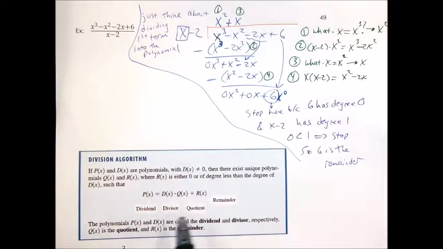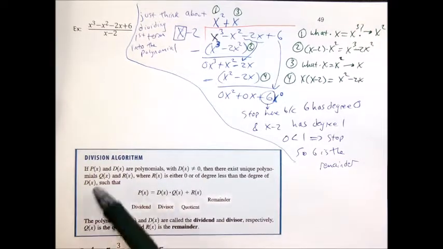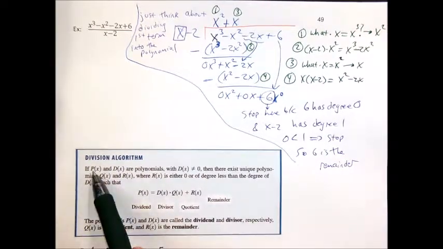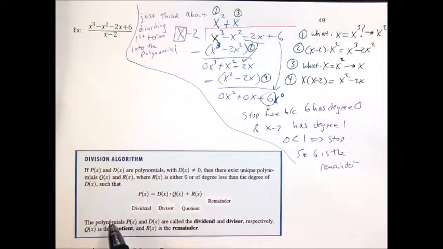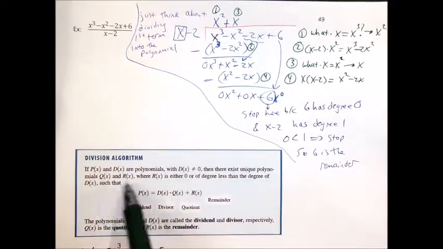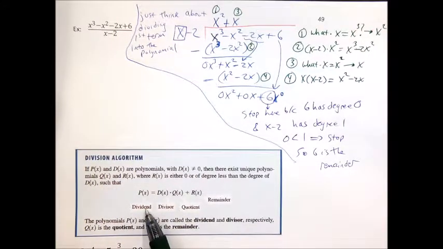So this box down here is helping us figure out how to write the answer down. This says when we have two polynomials, d of x and p of x, then there are unique polynomials q and r. Q stands for quotient, r stands for remainder, and d stands for divisor, such that our original dividend equals the divisor times the quotient plus the remainder.